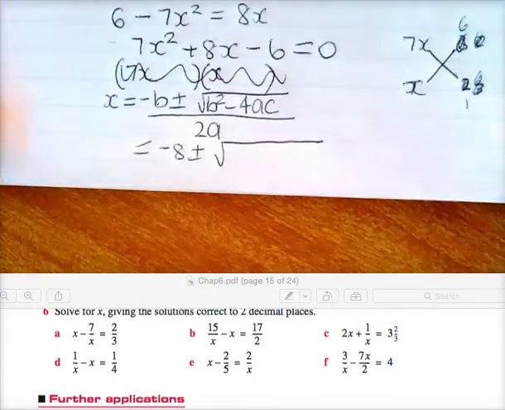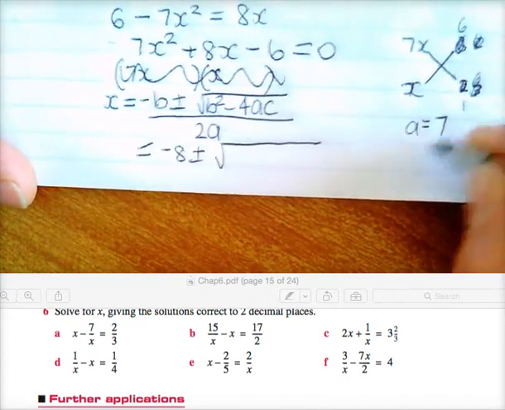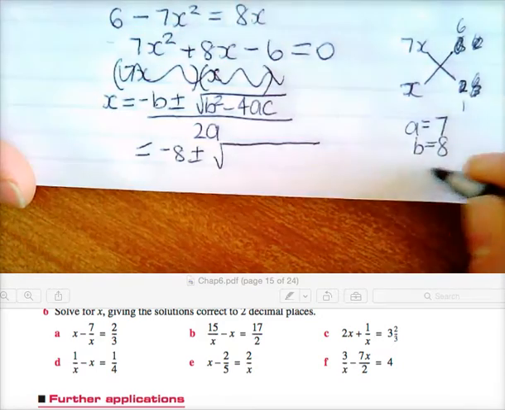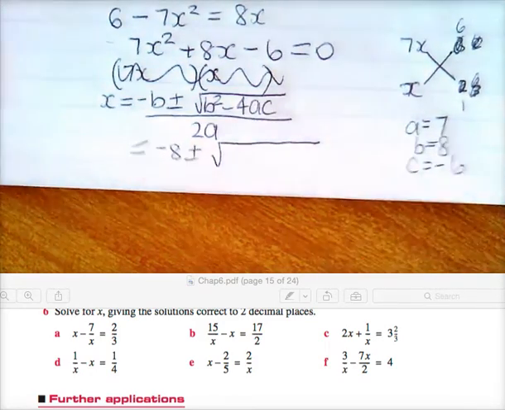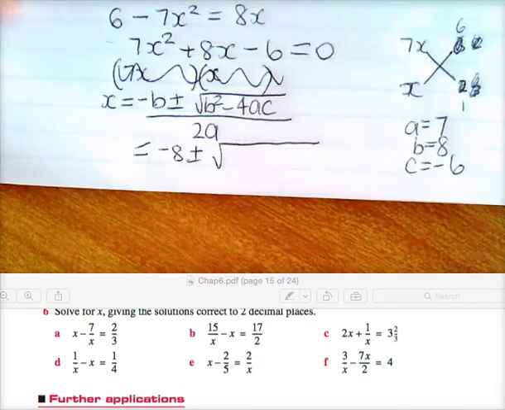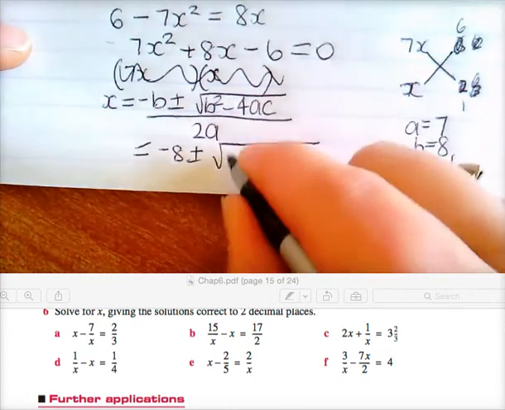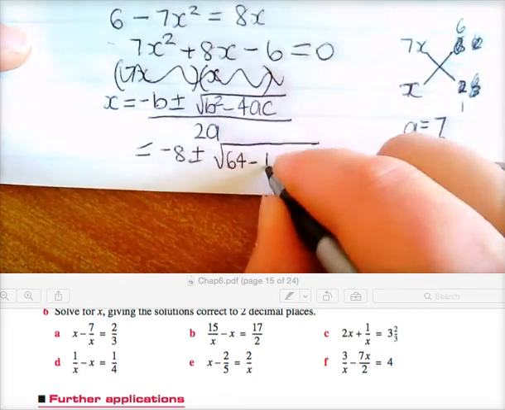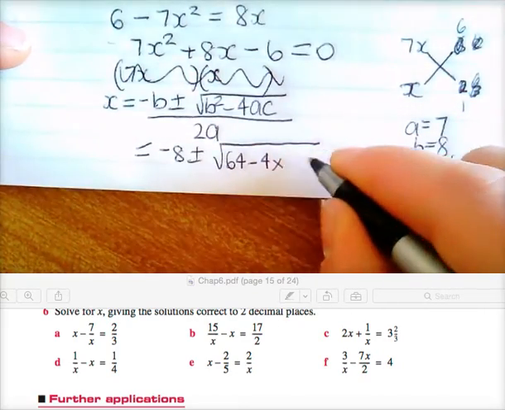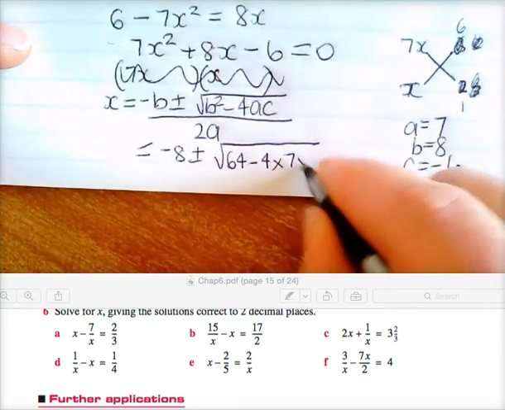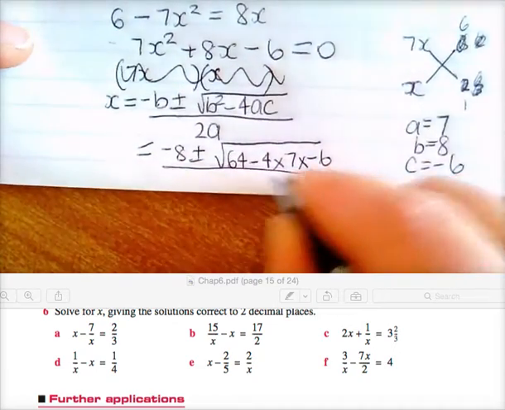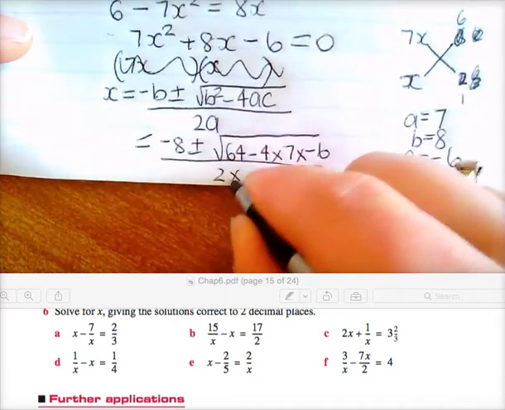Girls, a is 7, b is 8. You just said b is 8, and what's b squared? 64 minus 4 times, what do I write? 7 times negative 6, over 2 times 7.